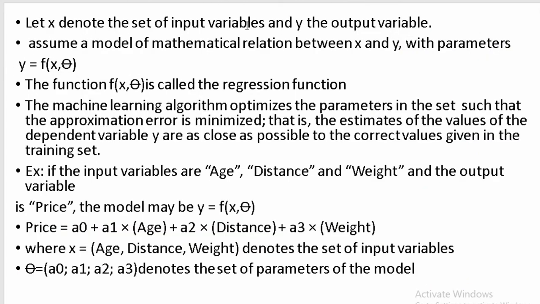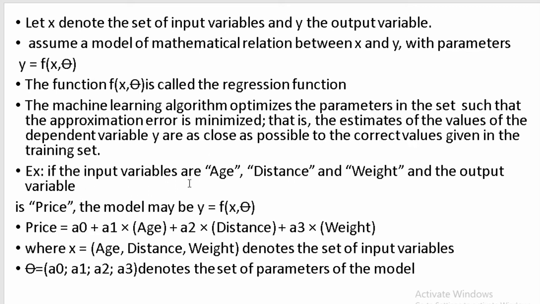Let X denote the set of input variables and Y the output variable. Then the model is mathematically written as Y = f(x, theta), and this f(x, theta) is the regression function, and the machine learning algorithm will optimize this parameter in such a way that the approximation error is minimized and the estimates of the values of the dependent variable y are as close as possible to the correct values given in the training set.